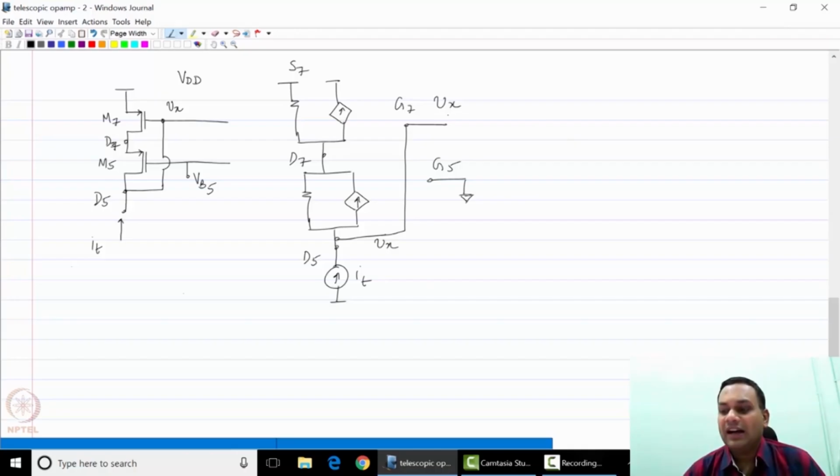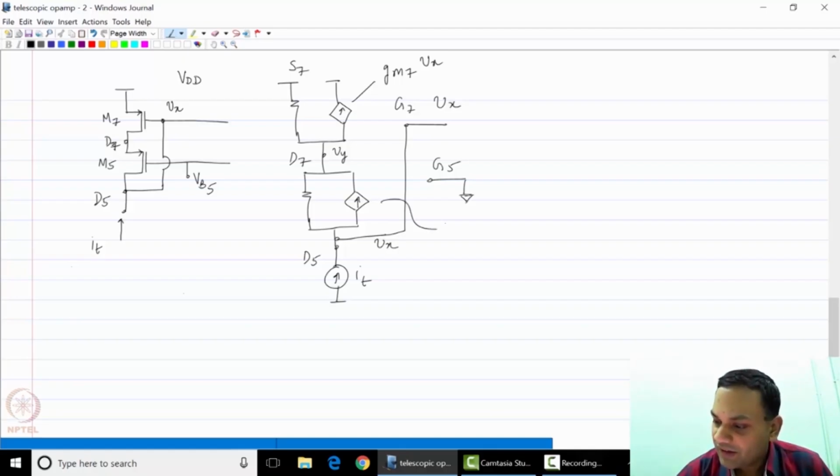So let us now write down the relevant equations for this particular circuit. So now let us call this voltage Vy. So Vx and Vy need to be determined. So now of course this current is Gm7 times Vx, and this current is Gm5 times minus Vy.